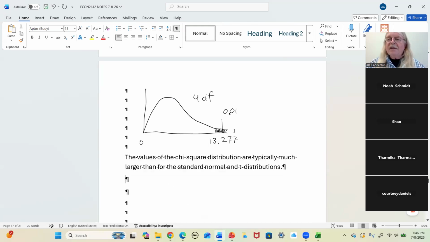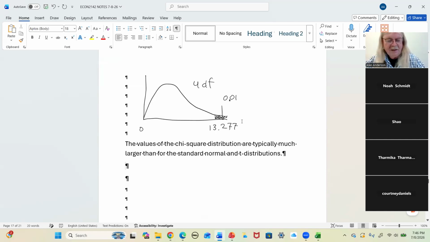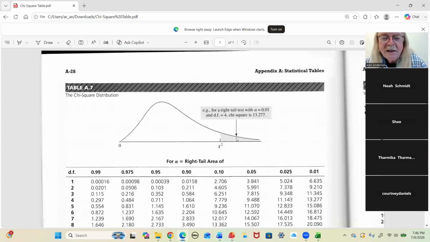So 13, you'd never see that in the standard normal. Are you kidding? That's so far out in the right tail that probably you wouldn't reach that once out of a million years or something. It's a rare event. Okay, here it's different because it's only 1%, 99% to the left, 1% to the right, because the chi-square distribution is a sum of squares. All right. So keep this table handy when you're doing these problems.